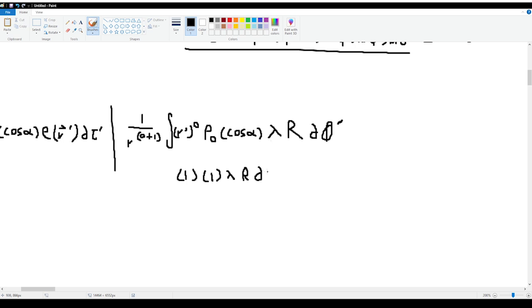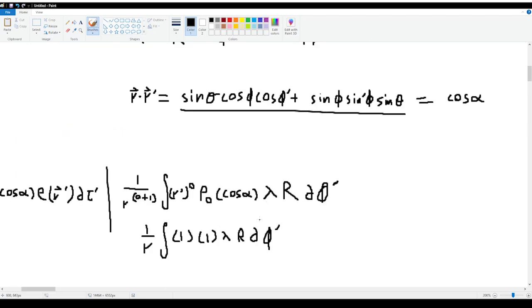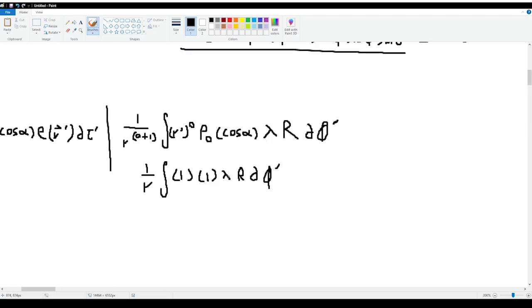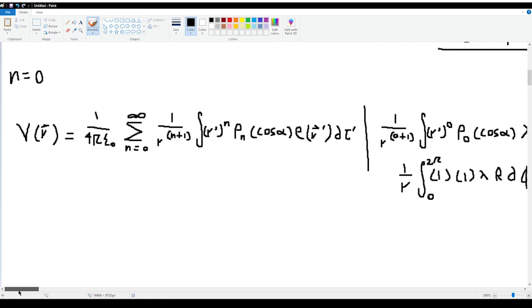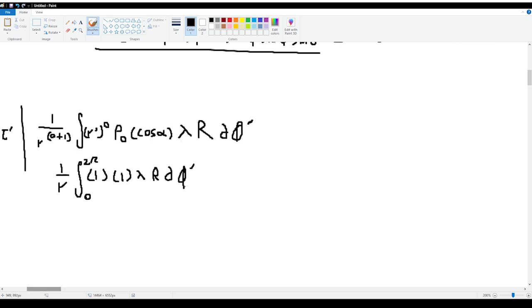So really we just have to worry about this d phi prime. And what we're doing here is a full rotation with phi prime. So this is going to be from 0 to 2 pi, and this will be the case for each of the terms that we're looking for. So this is just an integration of d phi, and these are just constants that get pulled out to the front.